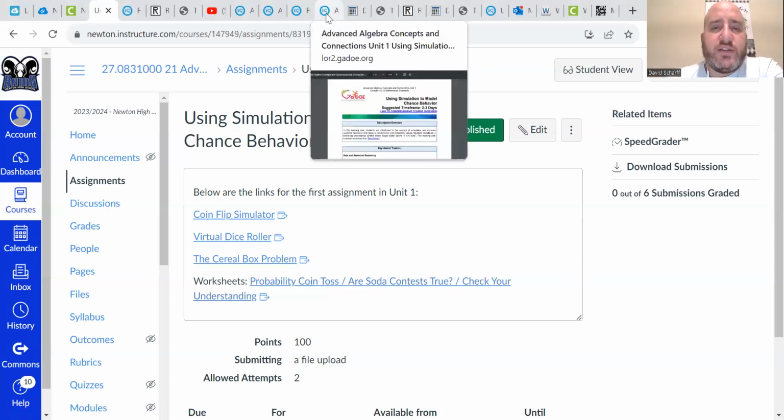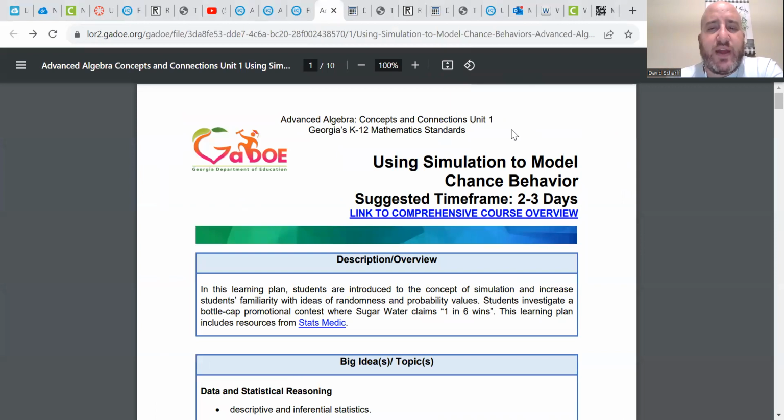So this first lesson, using simulation to model chance behavior, is the first lesson in Unit 1, the first lesson of the year. With our new standards, they have flipped where we normally do the statistics unit. The statistics unit has been the last unit, at least since I've been at Newton, since I've started teaching, including the first year I taught before I came to Newton.